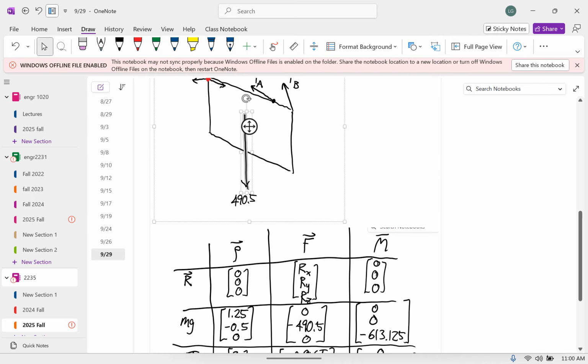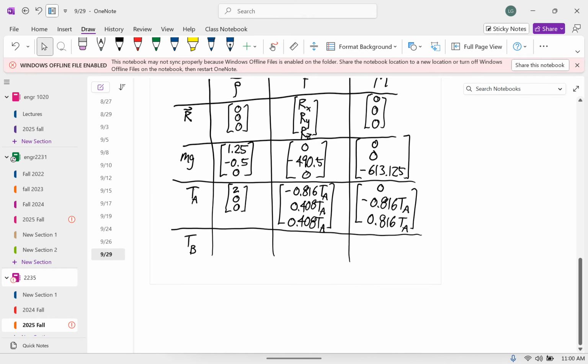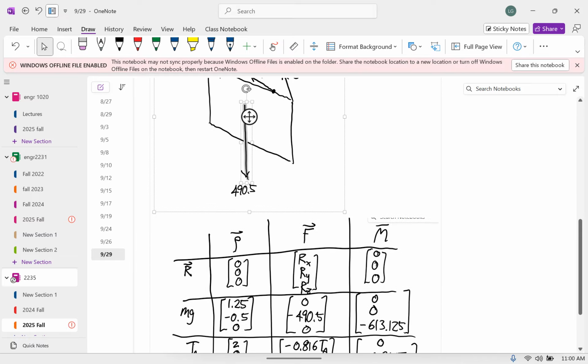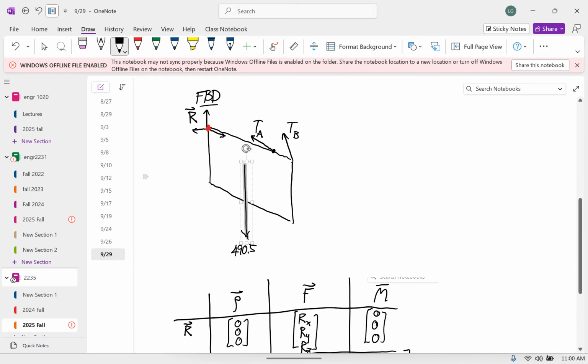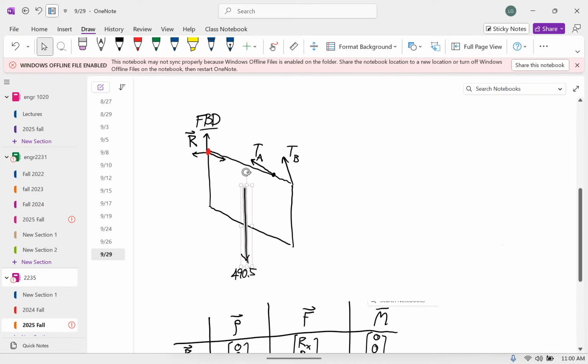Now this is where we are in the table, just going through all these calculations. There's 1, 2, 3 forces on the free body diagram. We have 3 forces in the table, so we just have the one to go. That's this force TB.